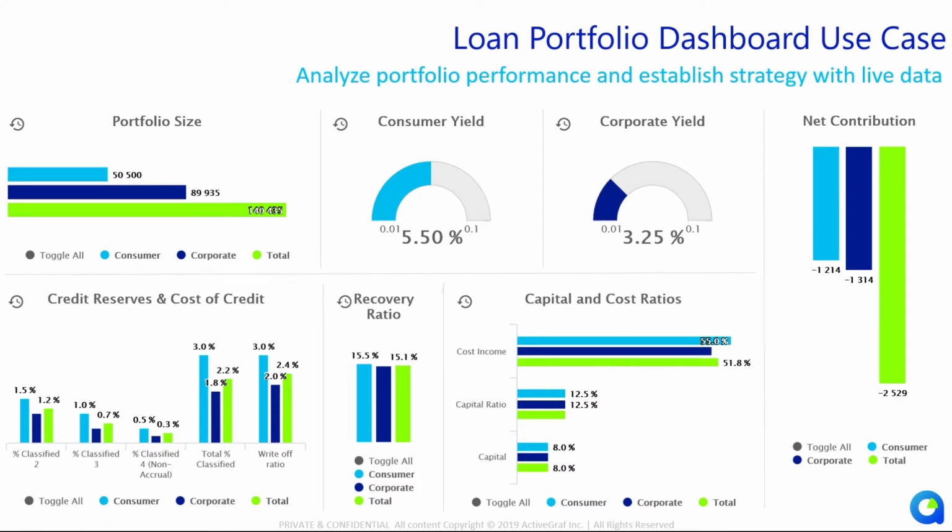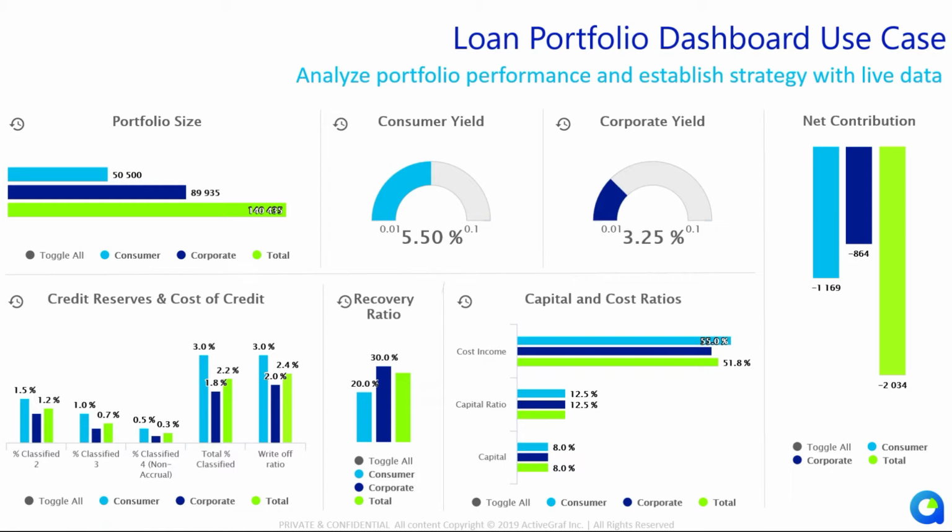Also, we can say that recovery rate in case of a default of 15% is not very good. So we can take, let's say, the consumer up to 20%, and let's take the corporate up to 30% and see how we do there. And so we've cut $1.3 billion off of our negative contribution of this portfolio so far, but we clearly need to make more strides.